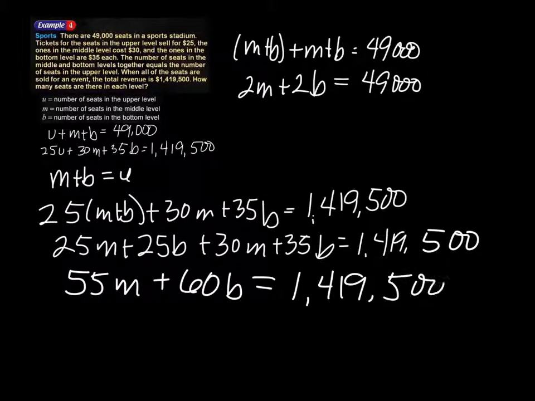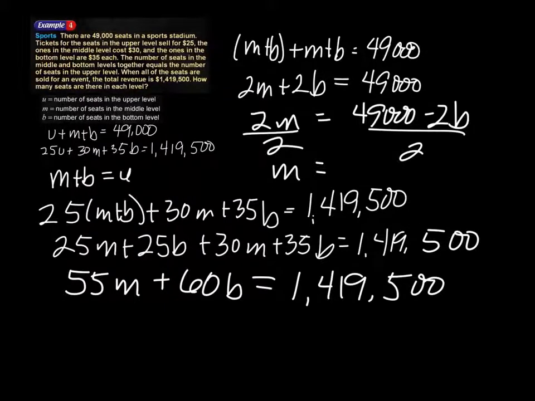It's kind of long. Okay, I'm looking at that equation that we made up here and thinking, hey, that'd be pretty easy to solve for, say, m, and substitute in. If we divide both sides by 2, we're going to get m equals 24,500 minus b.